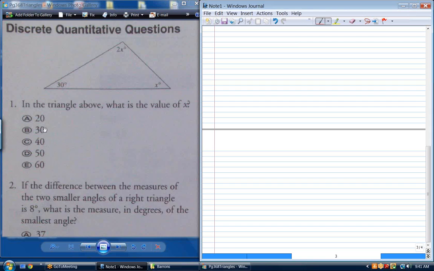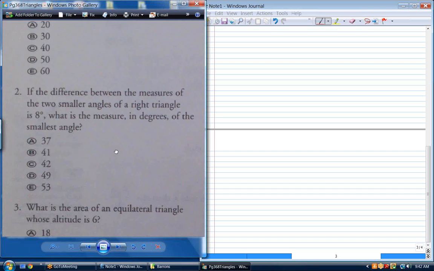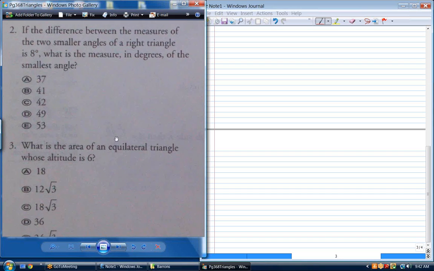Notice this could also be done by back-solving fairly easily. If I start with 60, that would be 60, that would have to be 120. That's not right. And then if I try 50 and 100 and 30, 180, bingo, I'm done. But no faster than the algebraic.